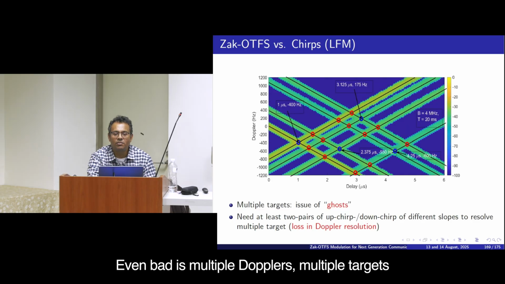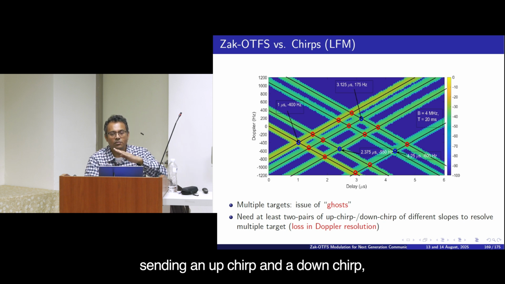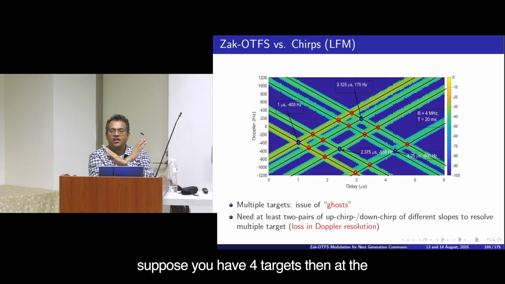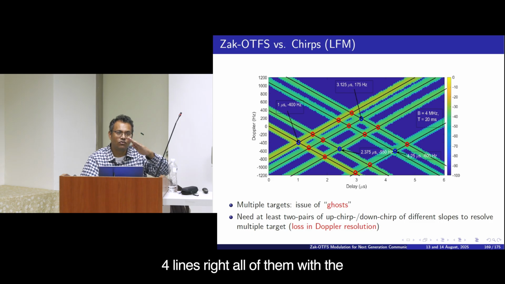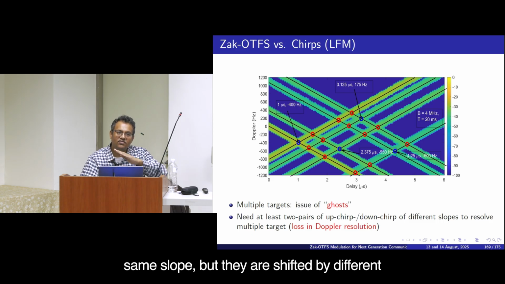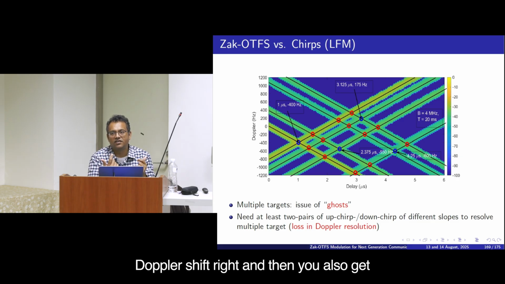Even worse is multiple Dopplers, multiple targets. When you have multiple targets and you are sending an up chirp and a down chirp, suppose you have 4 targets, then at the receiver when you do the cross ambiguity, you will not get one line, you will get 4 lines, all of them with the same slope, but shifted by different amounts because the targets have different delay and Doppler shifts.